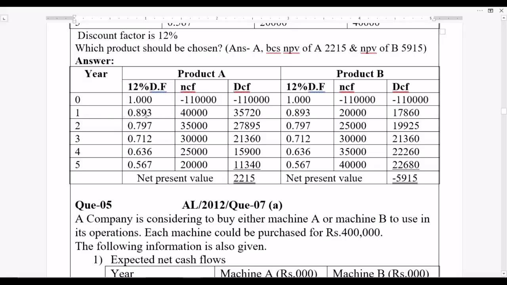At the end of the first year, from product A, the cash inflow is 40,000. Now you have to find the net present value of this 40,000. So multiply by this discount factor 0.893. So the present value is 35,720.